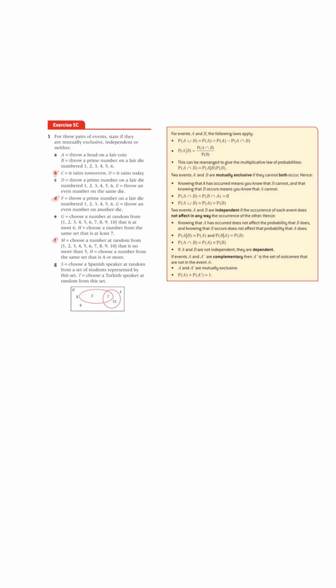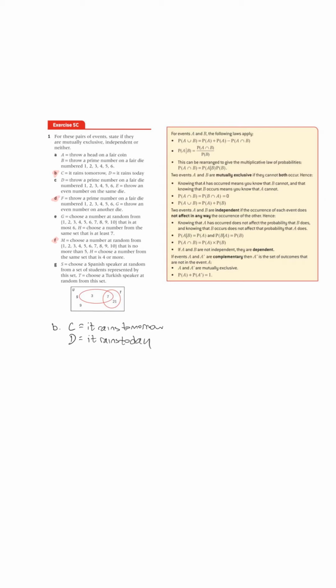Okay, well, let's have a look at B. B is: the event C is it rains tomorrow, and event D is it rains today.